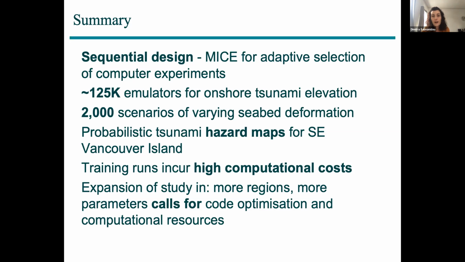We observe that the highest computational costs are also expected in the training part. So to expand this study to more regions and more dimensions, we will need more code optimization, especially when it comes to the parallel process, but also more computational resources.